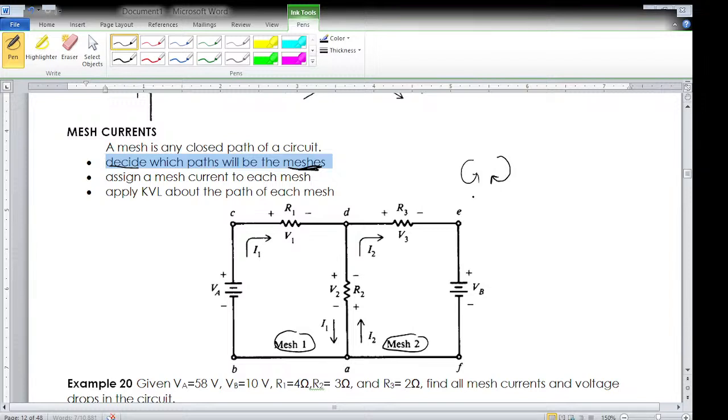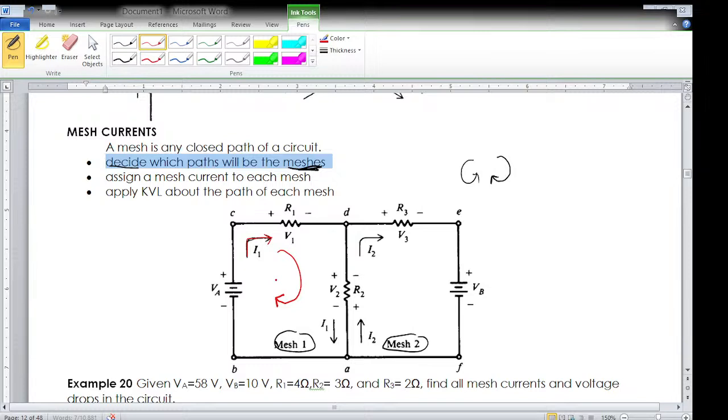In mesh 1, what's the direction? Clockwise. Okay, it is clockwise. This is I sub 1, your mesh current 1, which, as you can observe, is clockwise.